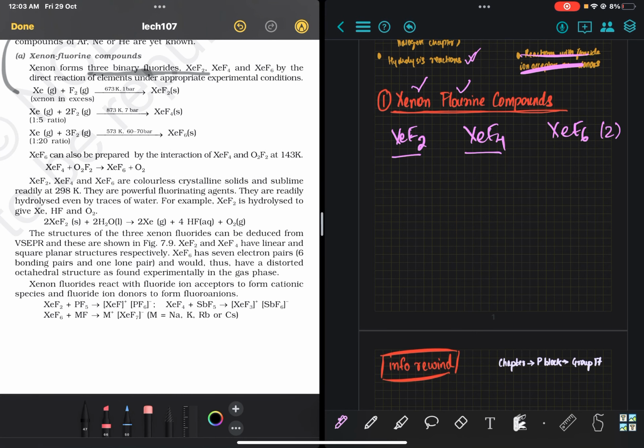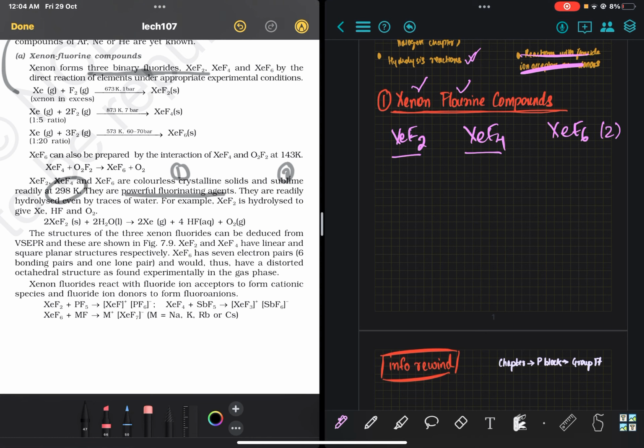The first point is they are colorless crystalline solids, nothing special, not important. Next is they readily sublime at 298 Kelvin, which is a point to remember, and they do it at room temperature. They are powerful fluorinating agents.